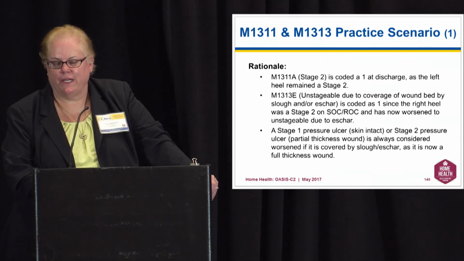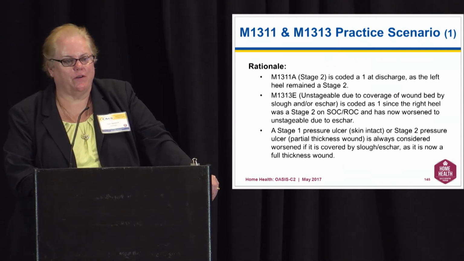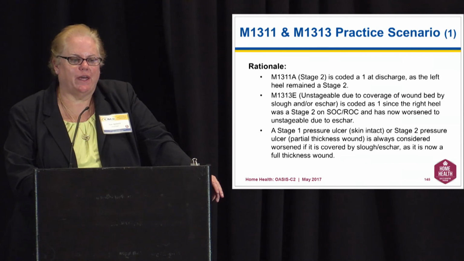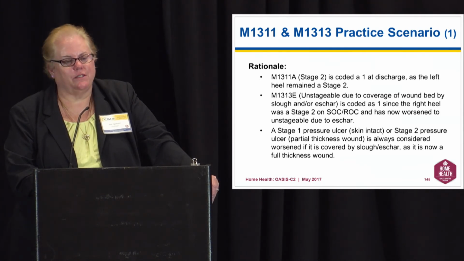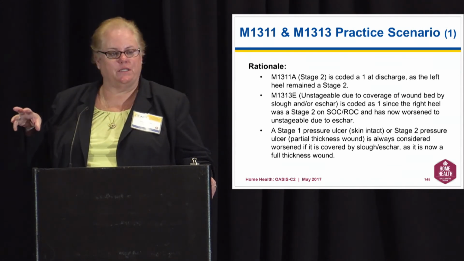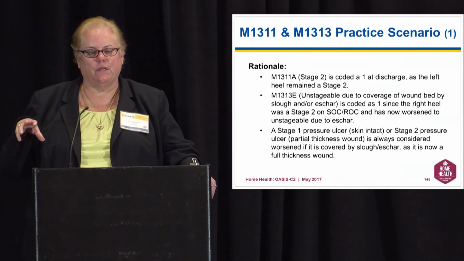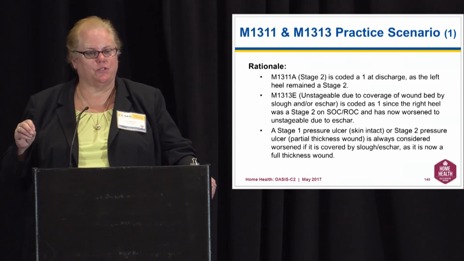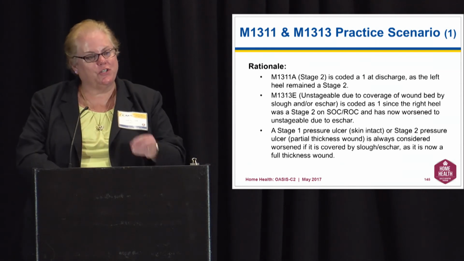So the point is well taken, but think about this, right? We talked about the start of care being that initial thing, and what this patient presented with in your first skin assessment was 2 clear filled blisters. Something else happened in that other heel that then caused it to evolve, whether there was not pressure relief or something else going on. It didn't present initially as a suspected deep tissue injury. It presented itself as a stage 2 with a clear fluid-filled blister. And then it just gives you additional information.